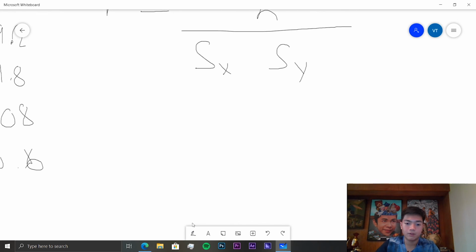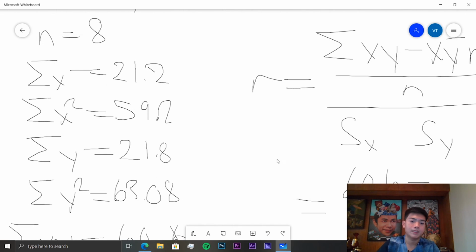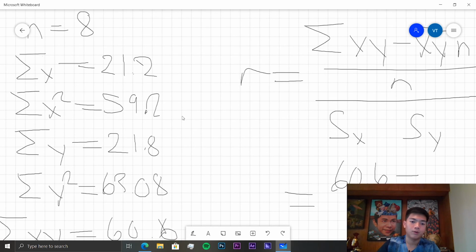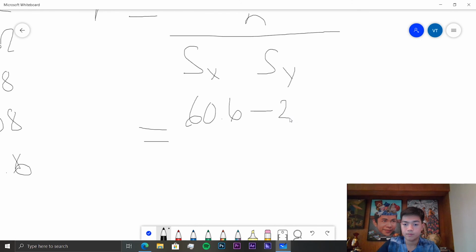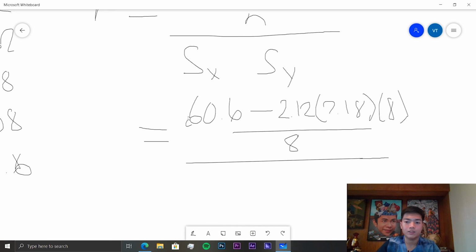So this is equal to 60.6 minus the mean of x times the mean of y, so minus 2.12 times 2.18, times 8, all over 8, over the standard deviation. So let's calculate this top value first.